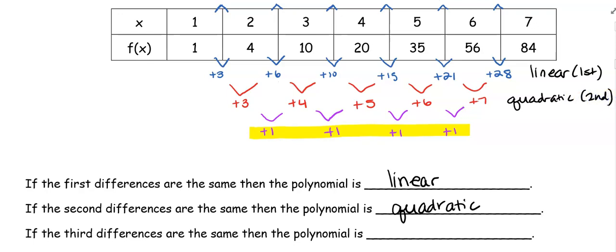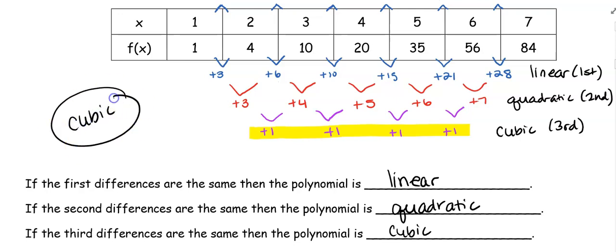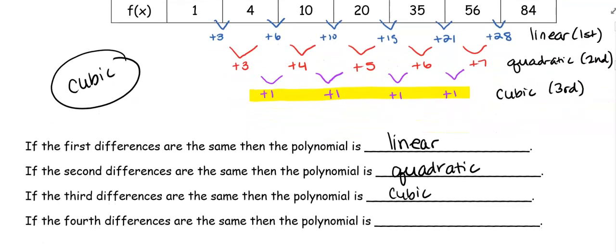If the third set of differences are the same, then the polynomial is cubic. That's what we have here. We have a cubic function because of the third degree, it's not the same until the third time around. So we just found out that this is going to be a cubic function. And if the fourth set of differences are the same, then the polynomial is going to be a quartic function.